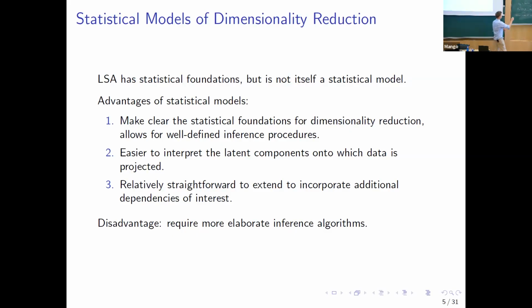Is X a multivariate Gaussian? Can I think of it as a draw from a multivariate Gaussian? Well, not really. It's not continuous. There are no negative values; the values don't vary over the reals, and it's also sparse. So whatever statistical foundations exist for principal components analysis don't really apply to this particular data structure.